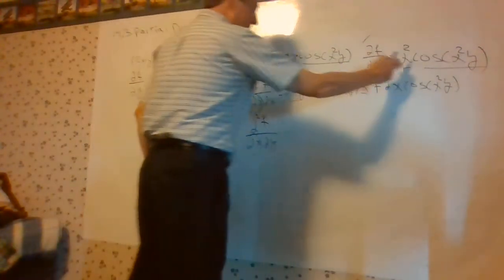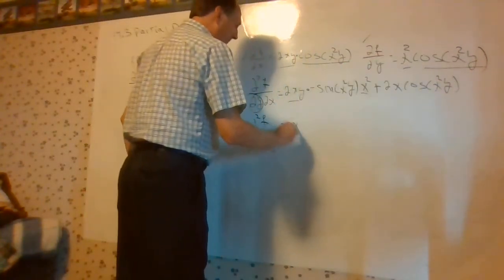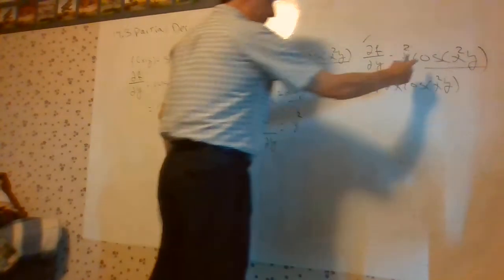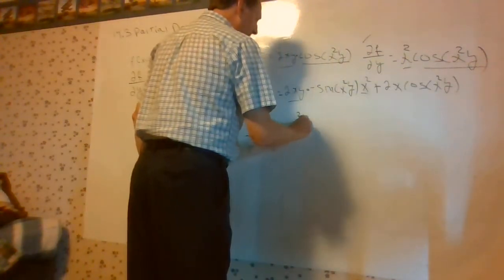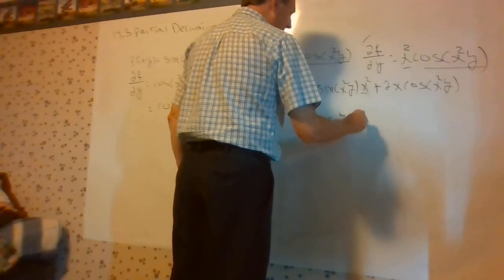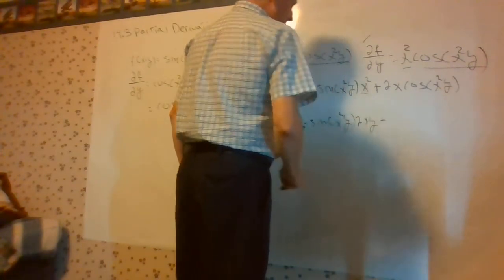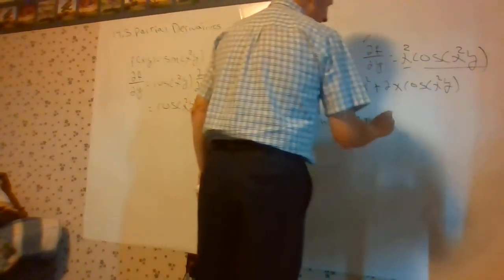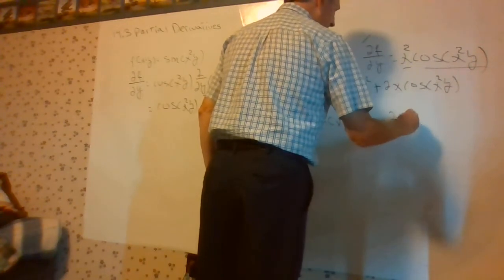So you can take the first times the derivative of the second, negative sine x squared y. Keep in mind we're doing an x derivative. The derivative of this is 2xy, plus the derivative of the first times the second.